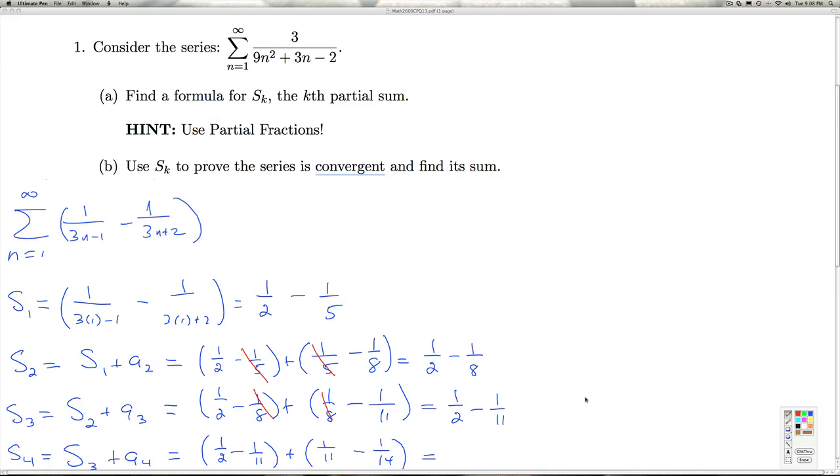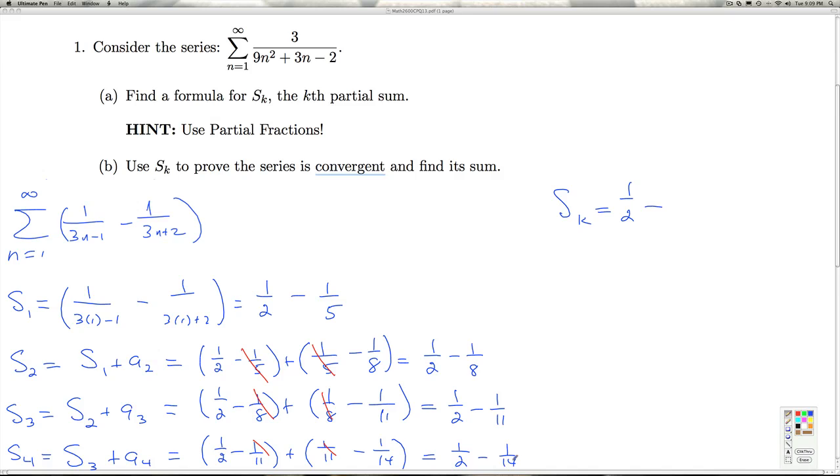And once again, we see these inner terms canceling. That gives us 1/2 minus 1/14. So we start to see a pattern here. S sub k is 1/2 minus, when n equals 1, I had 1/5. When n equals 2, I had 1/8. When n equals 3, I had 1/11. When n equals 4, I had 1/14.